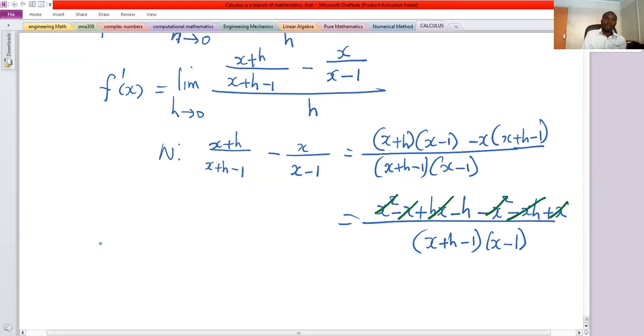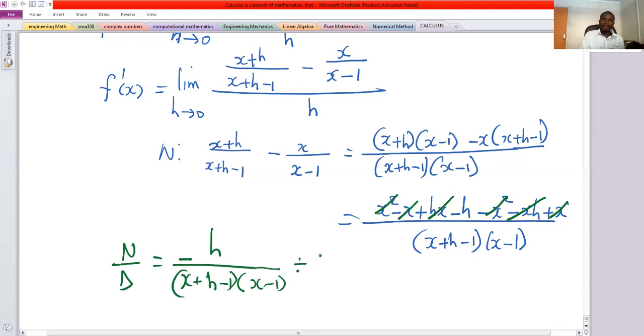Which means numerator over denominator will be minus h over x plus h minus 1 multiplied by x minus 1, divided by h. So all this is what I've called the numerator, and this is what I'm calling the denominator.